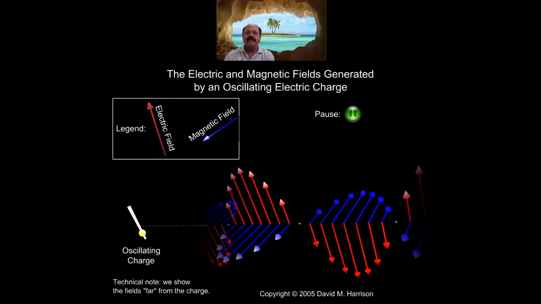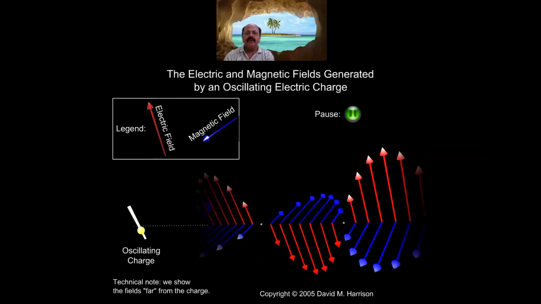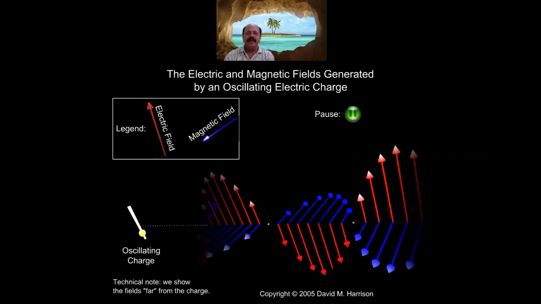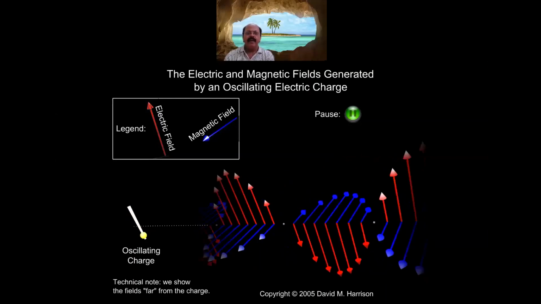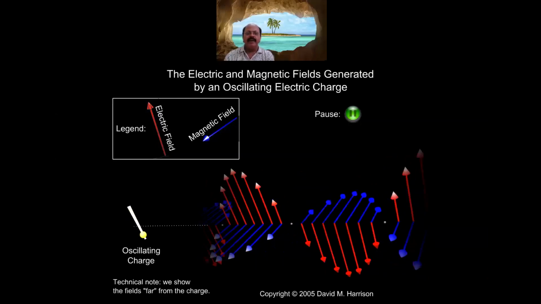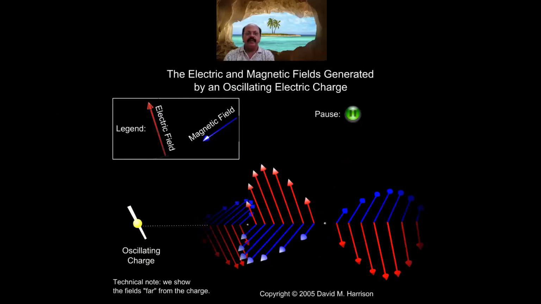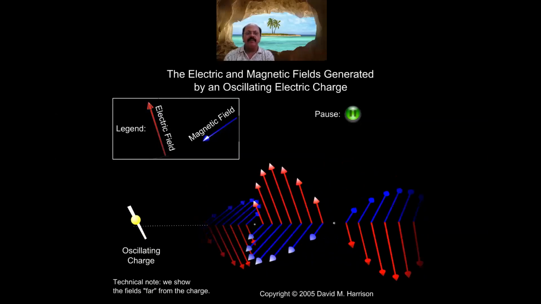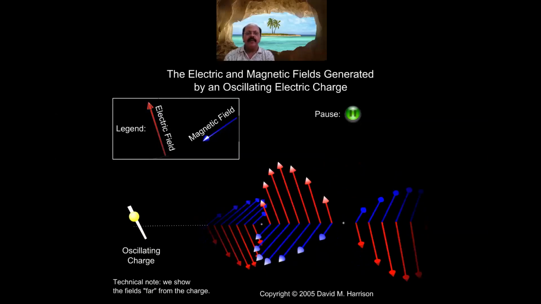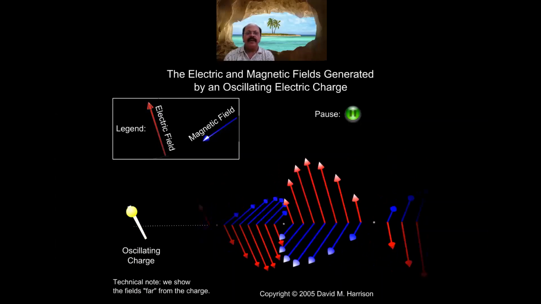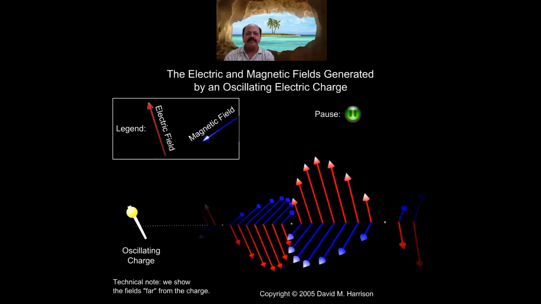Along the x direction is the electric field, which is represented by the red arrow, and along the y direction is the magnetic field, which is represented by the blue arrow. So due to the oscillation of the electric charge, electromagnetic waves are propagating along the z direction.